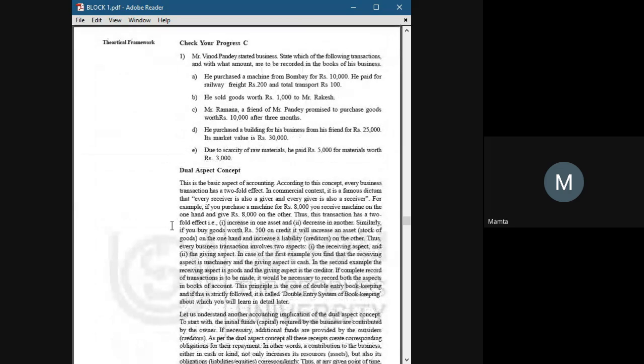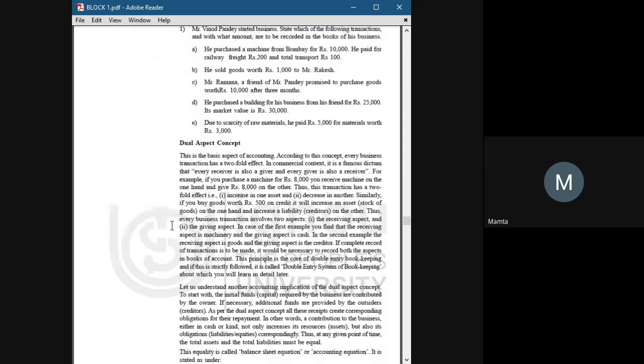Dual aspect concept. Every entry has two sides or a double effect. So we have to record every entry with its dual aspect: every receiver is also a giver and every giver is also a receiver. We have to follow this concept.